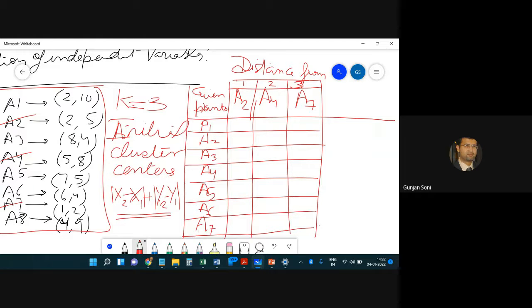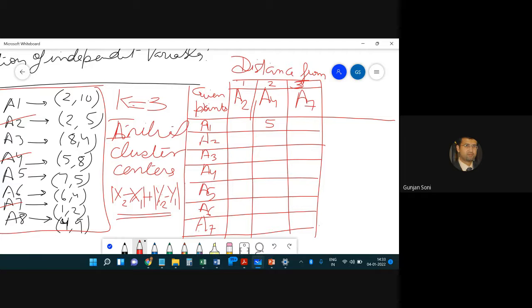So for A1, the distance between A1 and A2, let me write that. I should also write the coordinates.